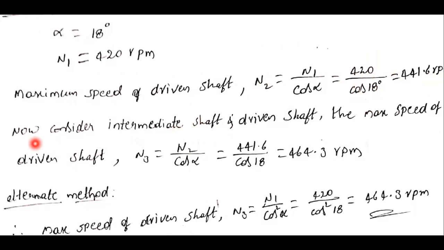Now consider the intermediate shaft and driven shaft. For the maximum speed of the driven shaft, N3 equals N2 by cos alpha.